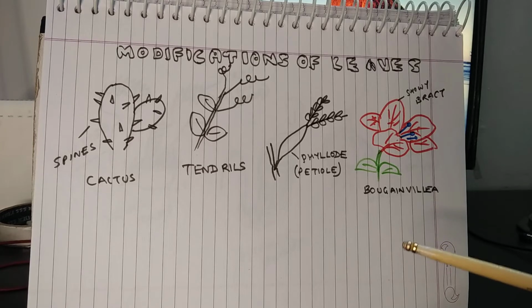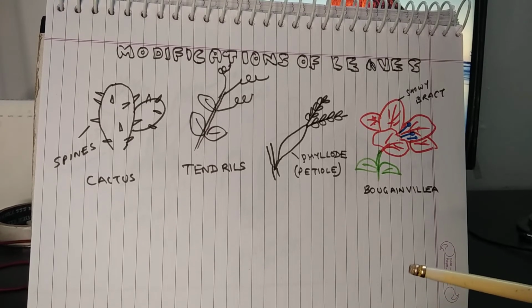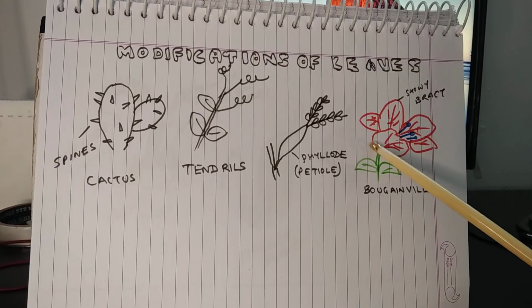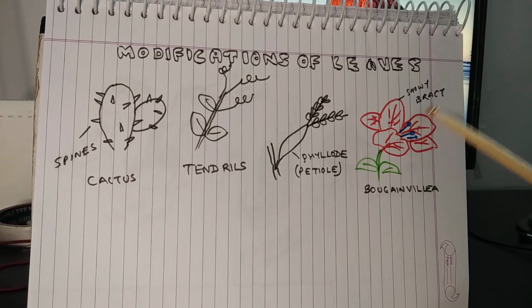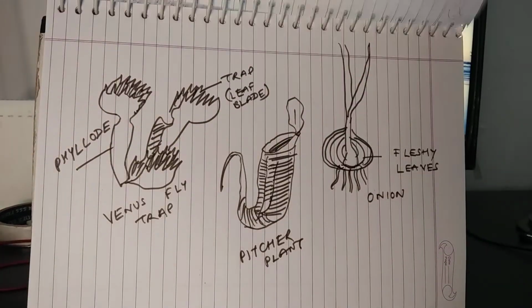It's a good example. In case of a plant of bougainvillea, what appears like colorful flower is not a flower, rather they are modified leaves, and the flowers are these small structures which appear within these showy bracts. The purpose of the showy bract is to attract insects for pollination.